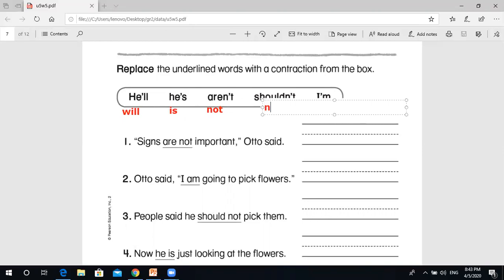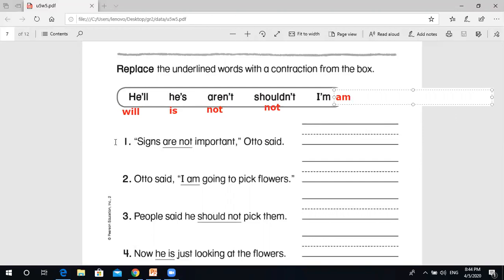Here, the verb also plus not. I'm, pronoun plus verb, the first case of the contraction. I am.